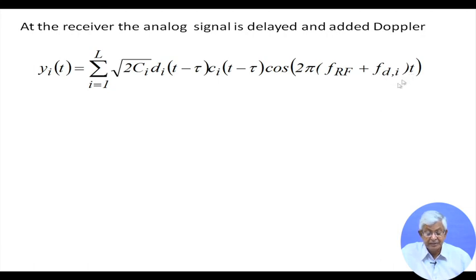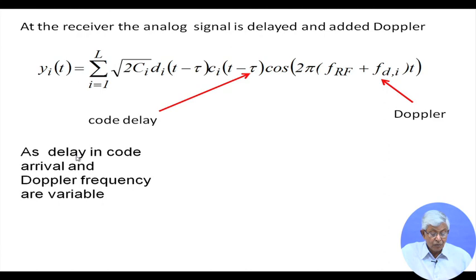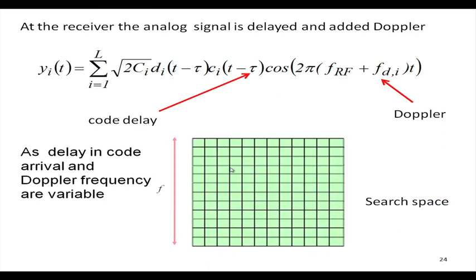So, tau is the code delay, because the path delay is there and the code is shifted. So, we find in terms of code, it is code delay, which is variable, and f d is the Doppler. So, delay in code arrival and Doppler frequency, these two are the variable pair, and then the search is done in frequency and code delay.